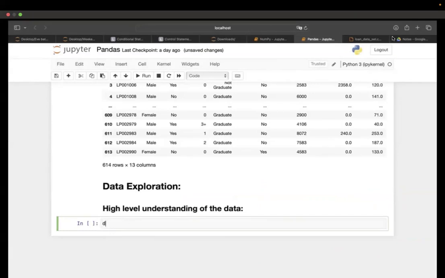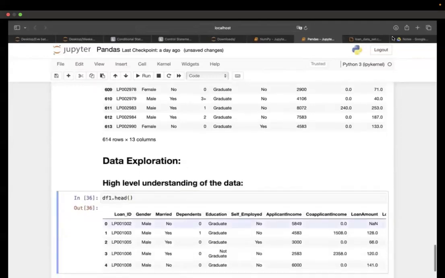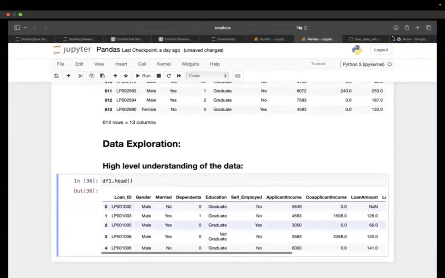So the first command is checking the head of the data. Simply, if you mention df1, which is nothing but your dataset name, and write dot head, run it. What do you guys think it is giving me?